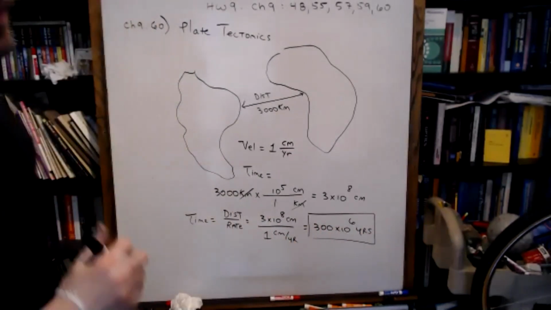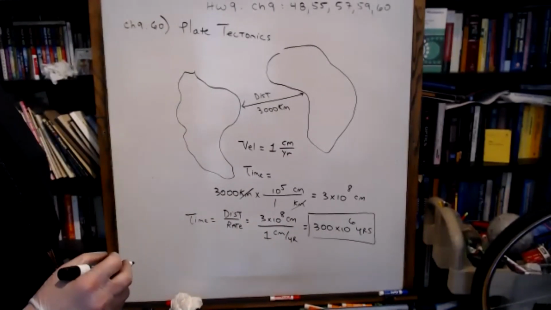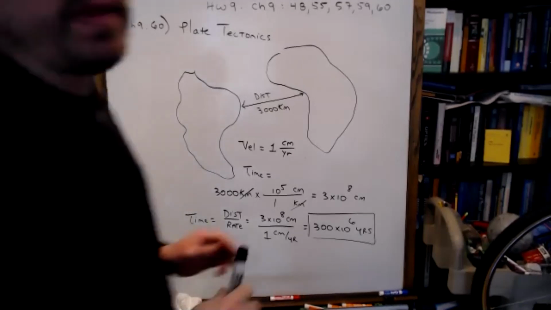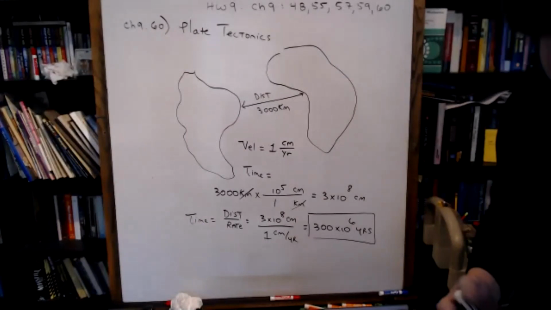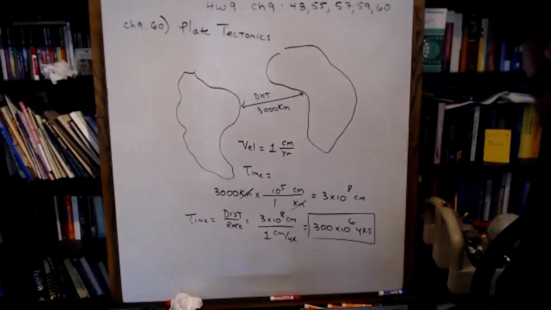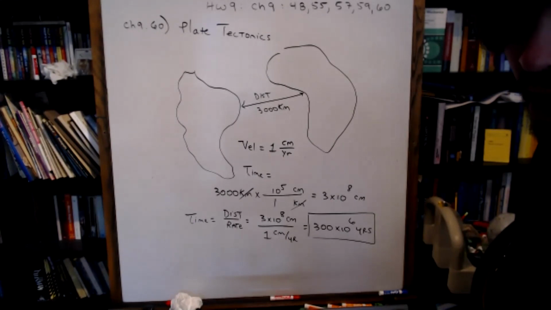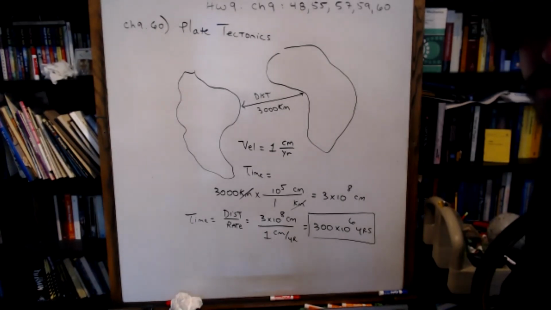What do they ask us to do for the follow-up? What is the meaning of 300 million years then? What's the significance of that number? That's how long it'll take before they collide.